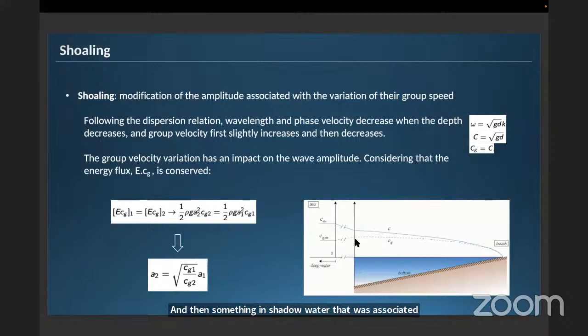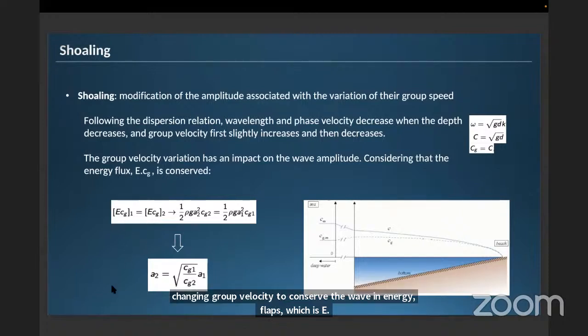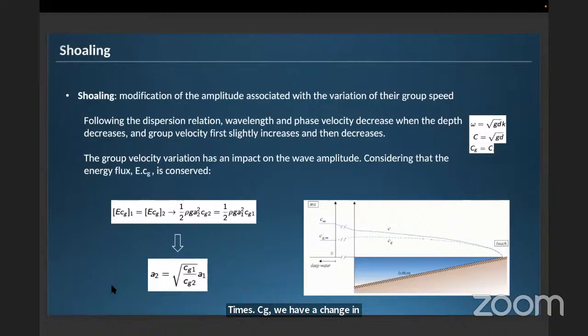And so the group velocity is changing, and to compensate this changing group velocity to conserve the wave energy flux, which is E times CG, we have a change in amplitude. So this is the typical shoaling effect.